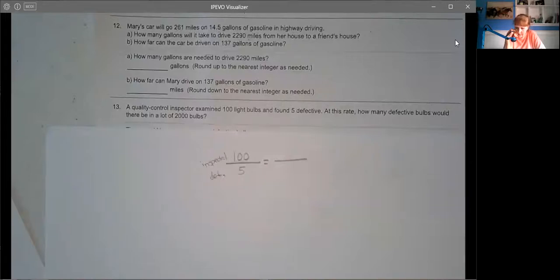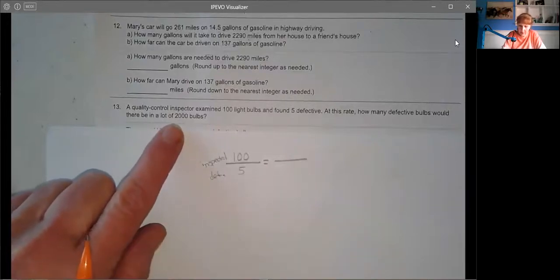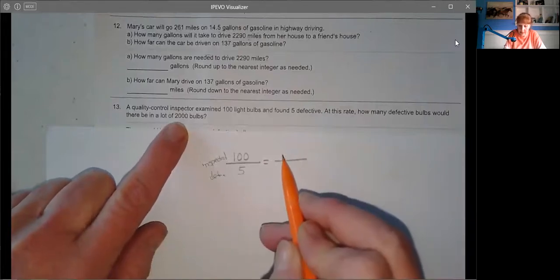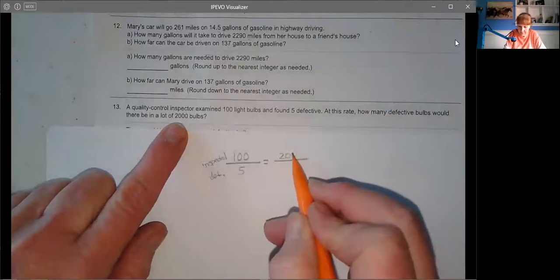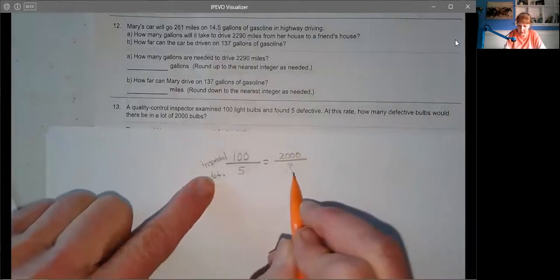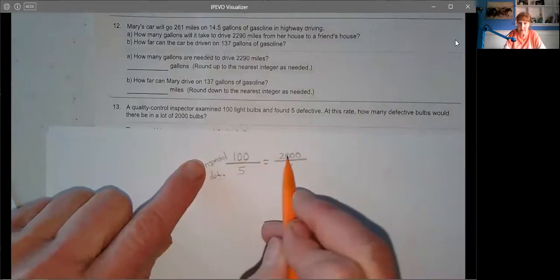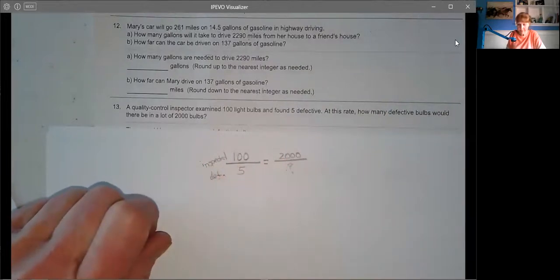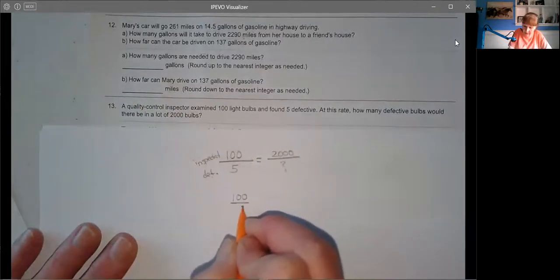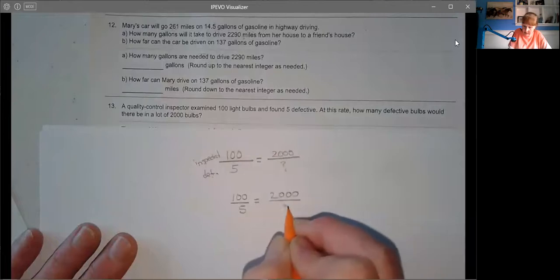How many defective bulbs would there be in a lot of 2,000? So they want to know how many are defective if you inspect 2,000. How many would be defective is in the denominator, how many you inspected is in the numerator. Okay, perfect. So we have 100 over 5 equals 2,000 over x.